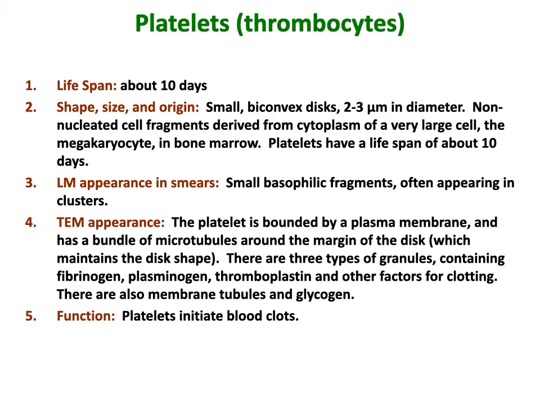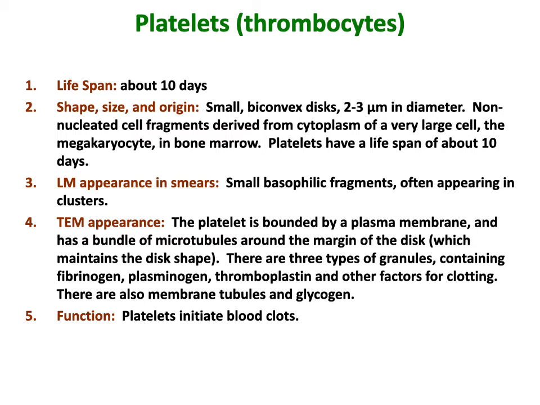Now, one of the key players of primary hemostasis are the platelets, and platelets are also known as thrombocytes. It is important to realize that platelets are not true blood cells. Okay, they are just a fragment of a larger precursor cell found in the bone marrow known as megakaryocytes.